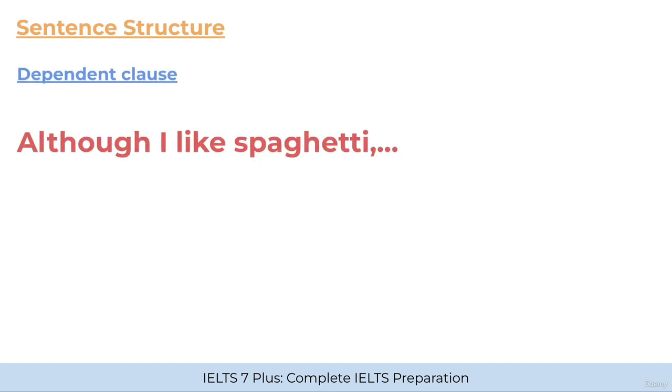So a dependent clause could be, although I like spaghetti. Now we have the elements of an independent clause, I like spaghetti, but because we've added this although, and we'll look at this a bit later in more detail, this now becomes a dependent clause, and we have our ellipsis there, the 3 dots, showing that this thought now needs to be completed.